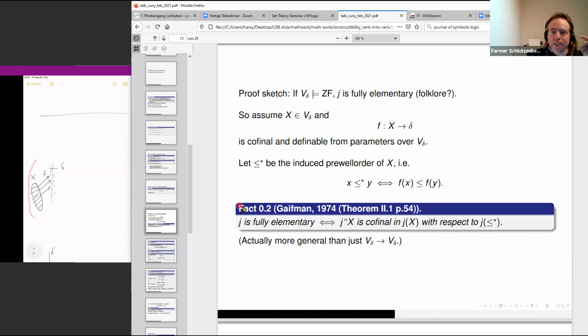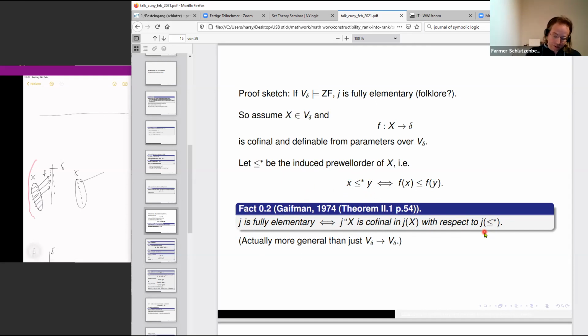Okay, and so the fact that we use is this theorem of Geifman from '74, that in this situation, J is fully elementary if and only if the pointwise image of J on the set X is cofinal in J of X, the actual image of X, with respect to the shifted pre-well order. So our picture is we have the X here and the ranks in there.